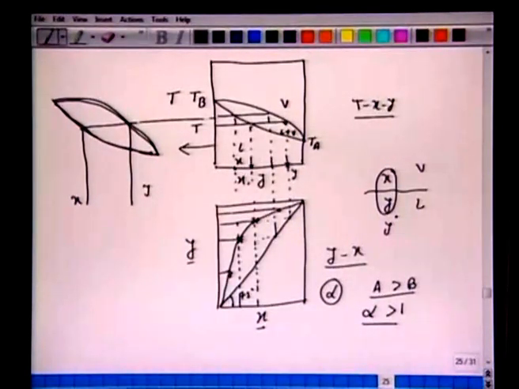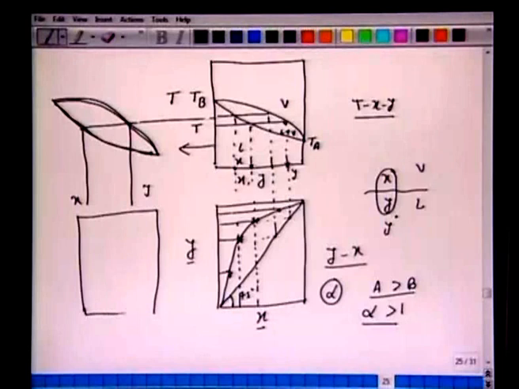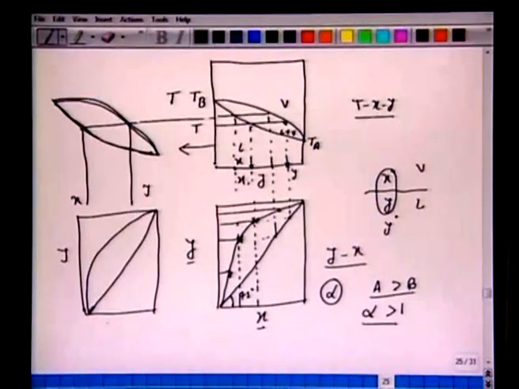Similarly, if you want to plot the y versus x diagram by the same technique, by taking the projection here, one can show that the y versus x curve will also be away from the 45-degree line. So for the same plot, if you want to plot for different relative volatility, it's easy to show that.